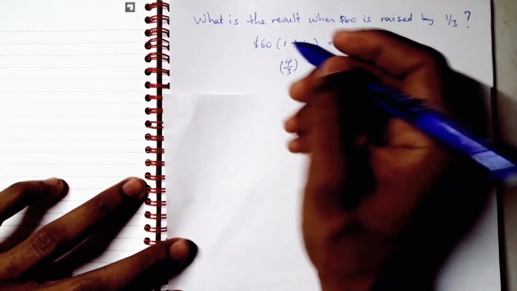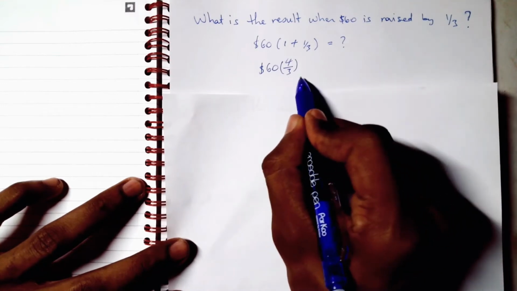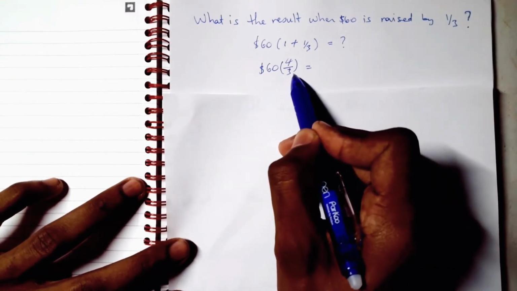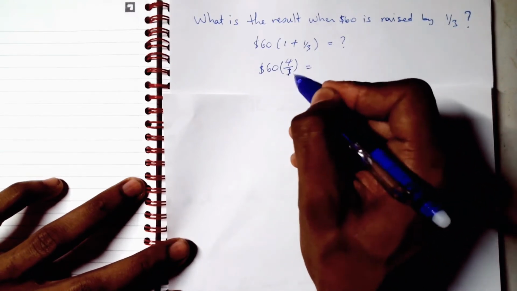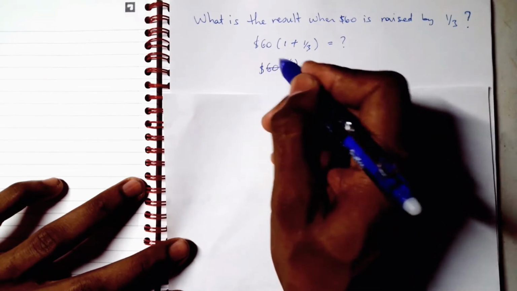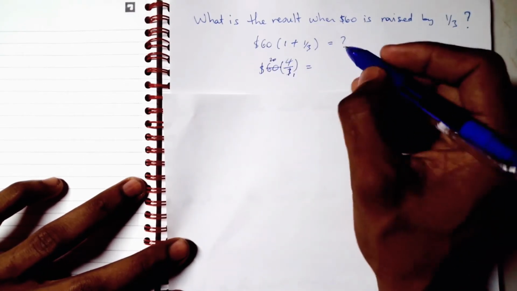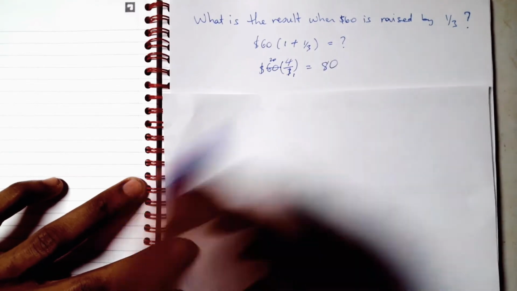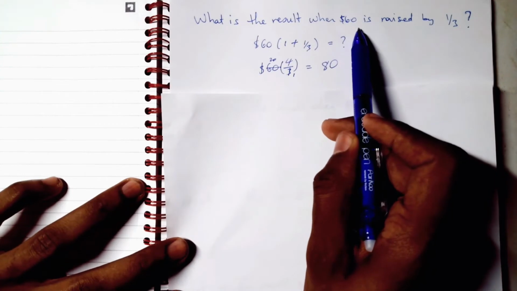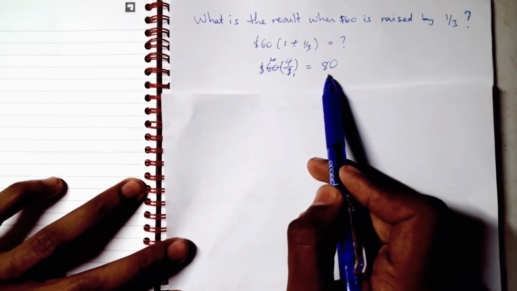So we see here that $60 multiplied by 4 over 3 results in, 3 into 60 goes 20 times. 20 times 4 is equal to 80. So when we increase 60 by a third, the result is 80.